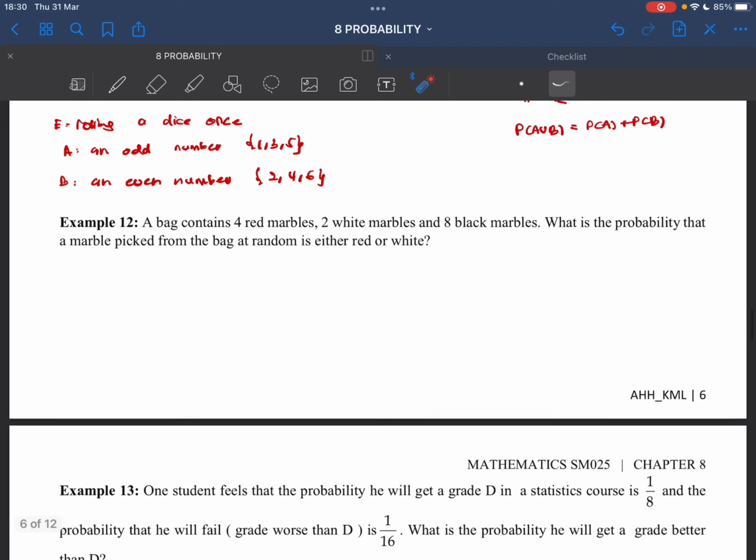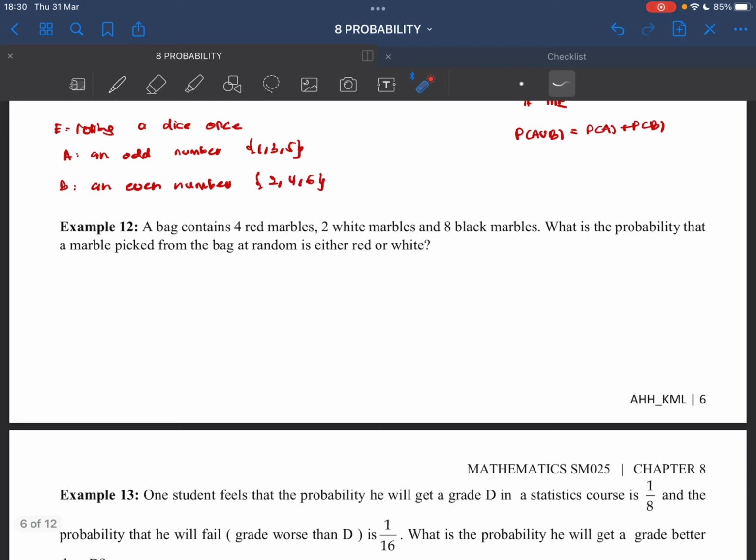Okay, so let's see example 12. We have a bag that contains 4 red marbles, 2 white marbles, and 8 black marbles. What is the probability that a marble picked from the bag at random is either red or white? Either or, we represent it as P(R union W).